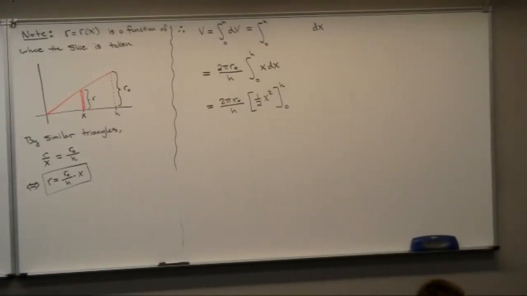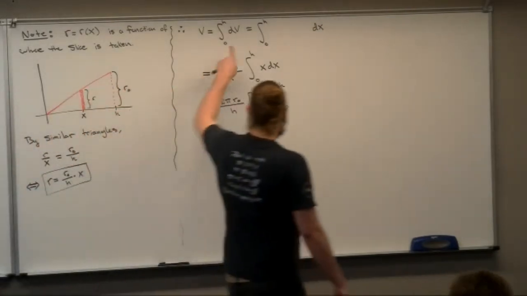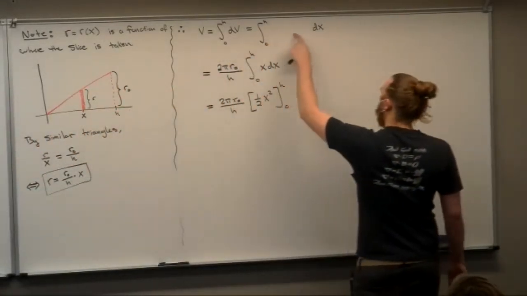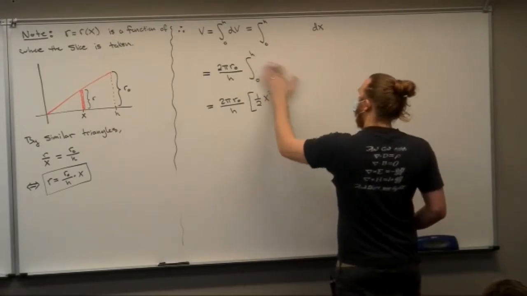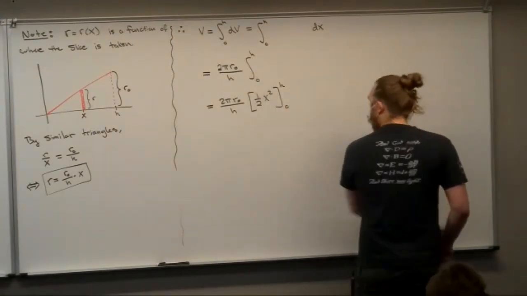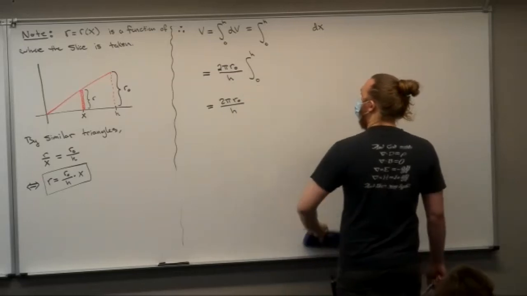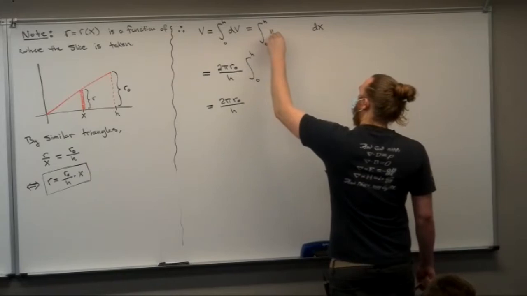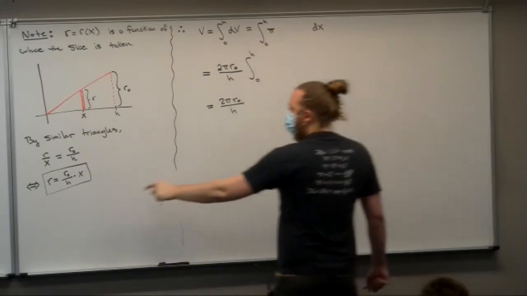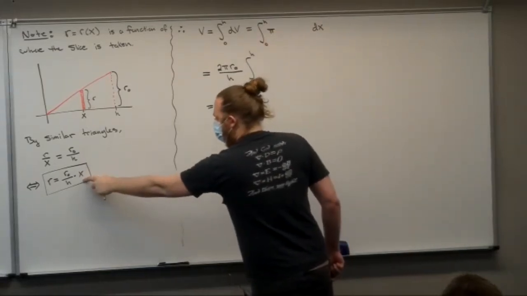The triangles work is fine. Nothing wrong with this. But dv is pi r squared dx. For the rest of this change, the integral is still an easy integral. So this is pi times my radius function squared.